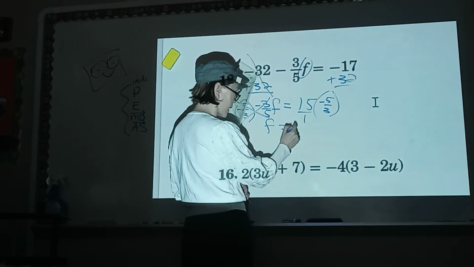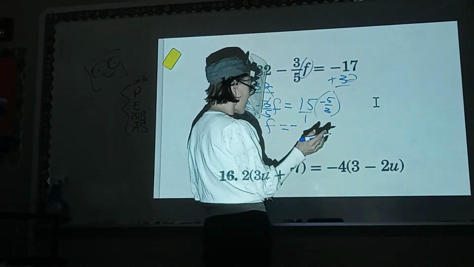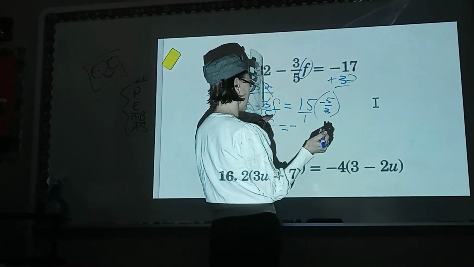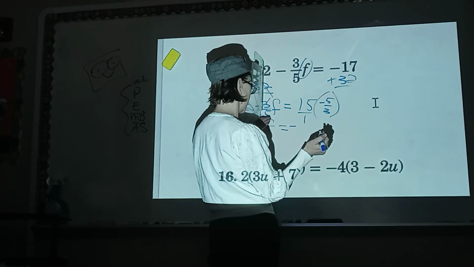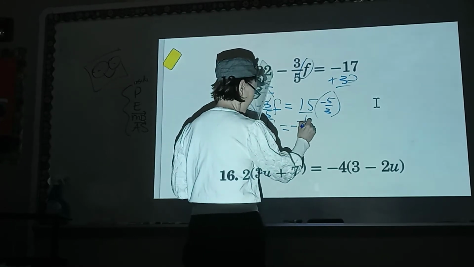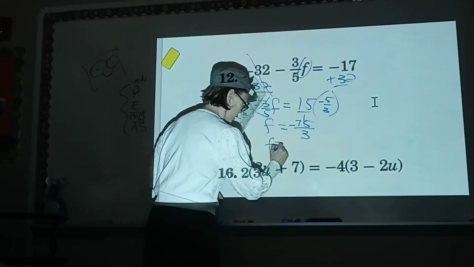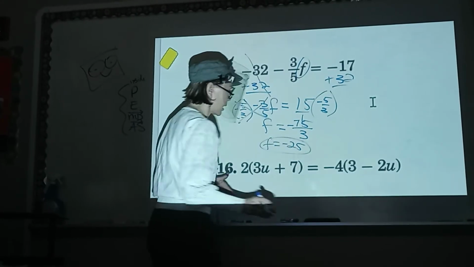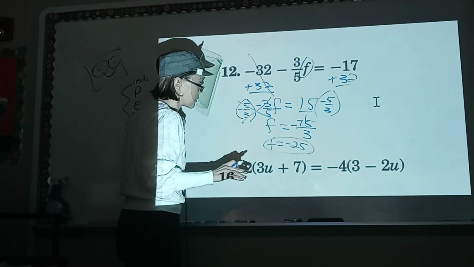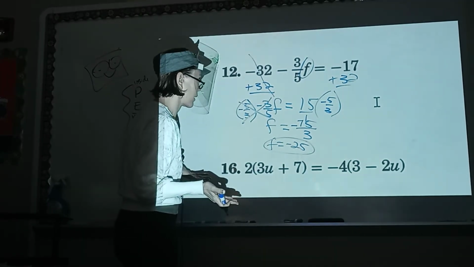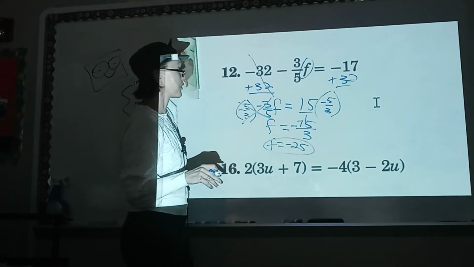A negative times a positive gives you a negative, and 5 times 15 is what? 30, 45, 60, 75. -75 divided by 3. So F equals -25. A negative divided by a positive is negative. 75 divided by 3 is 25. Fabulous. Moving on.